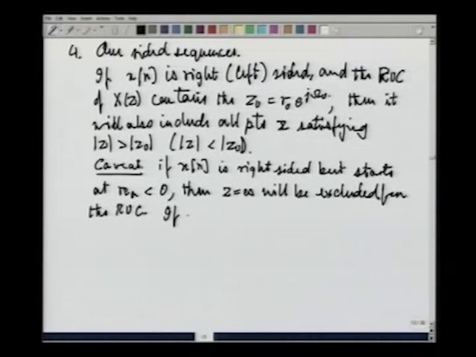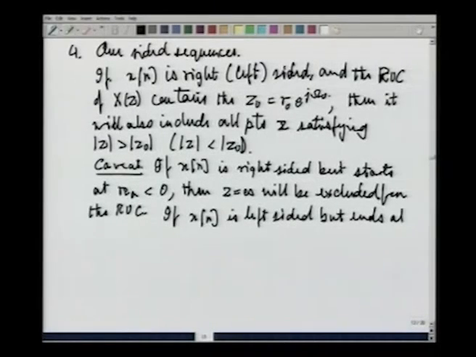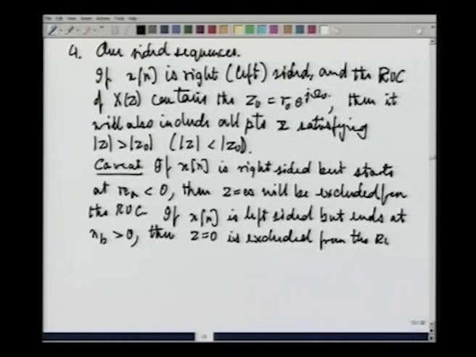Likewise, if x[n] is left sided but ends at n b greater than 0, then z equal to 0 is excluded from the ROC.